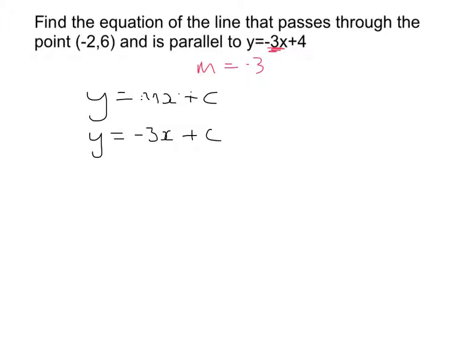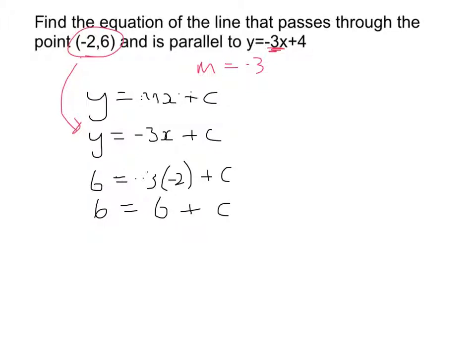Next thing we need to do is plug in our x and y coordinates, which come from here. So 6 will be equal to -3 by -2 plus c, or 6 is equal to -3 by -2 is +6 plus c.